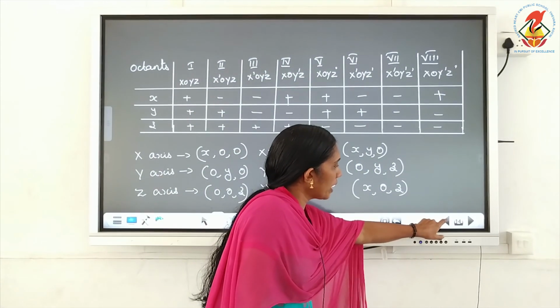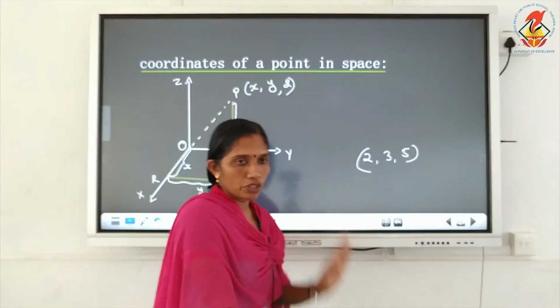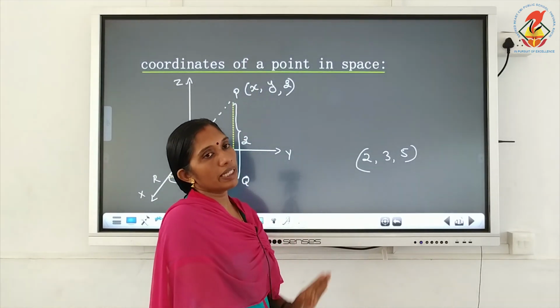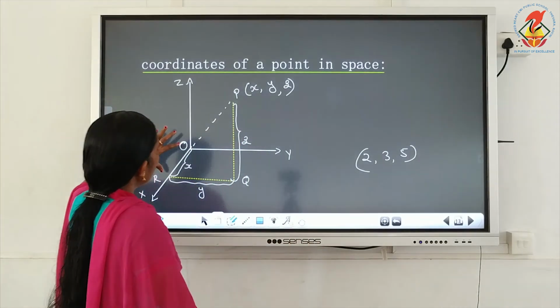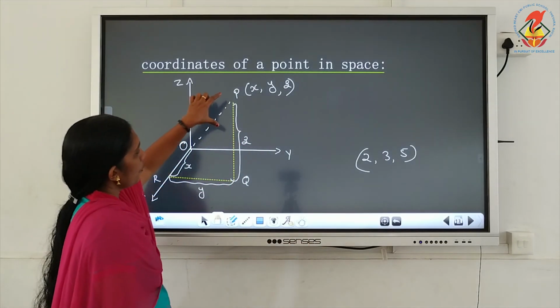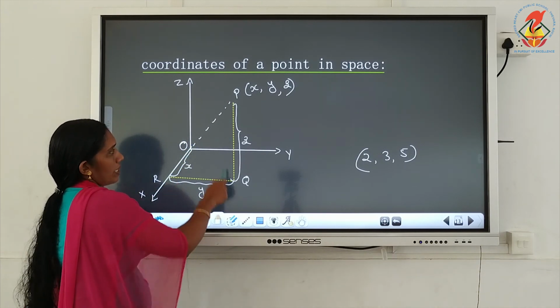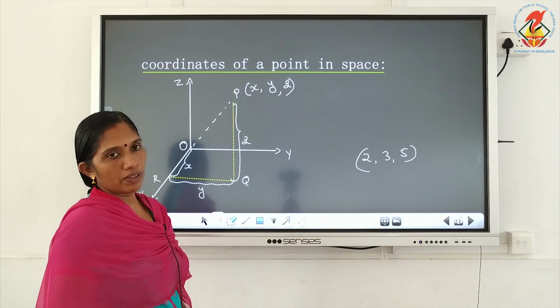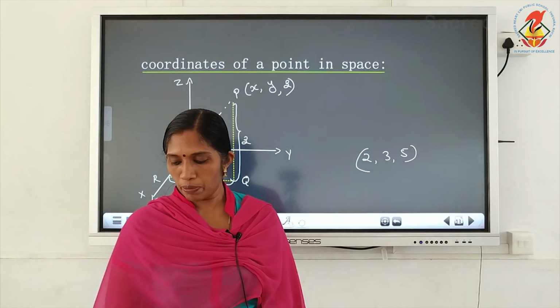Then how to locate a point in space? From the point you have to draw a perpendicular to the xy plane. From there draw a perpendicular to the x axis. Then find the measures OR, RQ and PQ. So P is the value (x, y, z). Okay. So you have to do exercise 12.1.